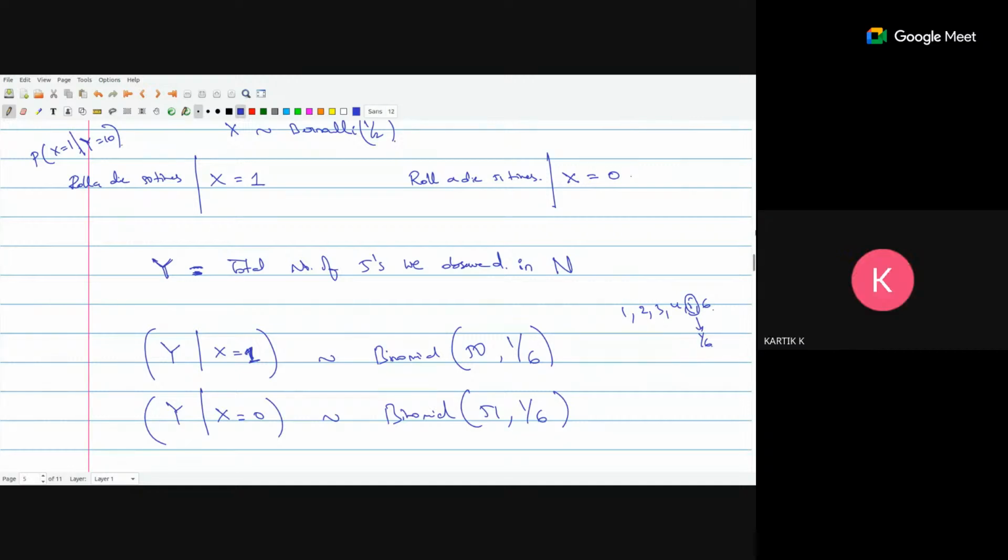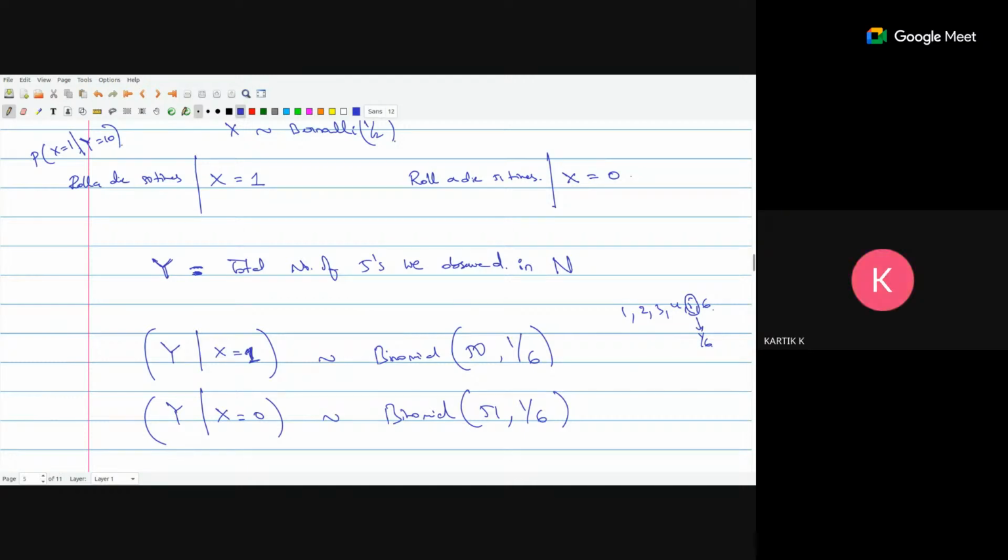We are calculating the entire probability distribution. I can't directly compute the distribution because I don't know how many times I should roll a die. Either it is 50 or 51, and it depends on x.